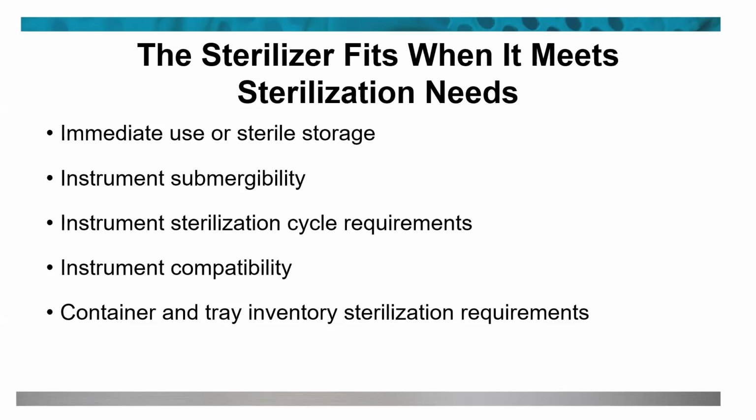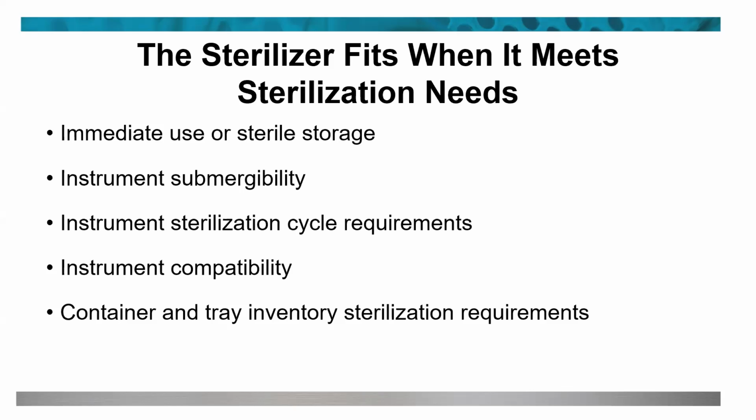You want to look at also the low temperature sterilization, whether it can be liquid, gas, or both. Sometimes you want to identify what items can be immersed versus which ones can't. You want to review the sterilization requirements of the item.